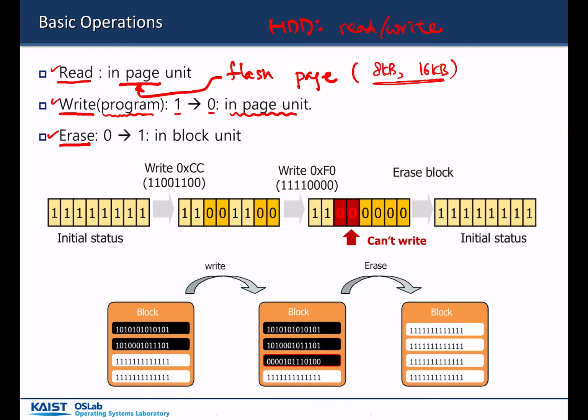The erase operation initializes the flash block, and it is performed in block units. As we mentioned before, a block is an array of pages, and it is usually determined by the hardware and the flash product. For some products, for example, 256 pages. And if you assume, for example, a page size of 4 kilobytes, then the block size corresponds to 1 megabyte.